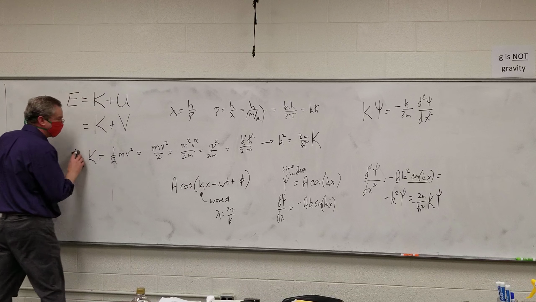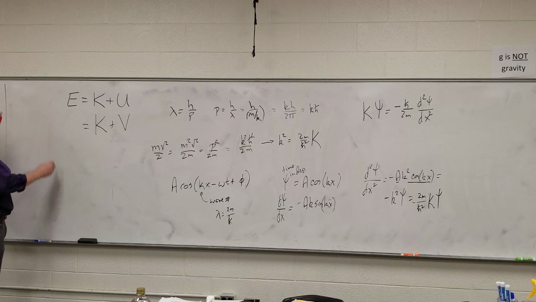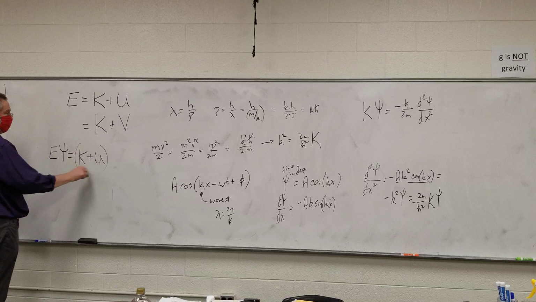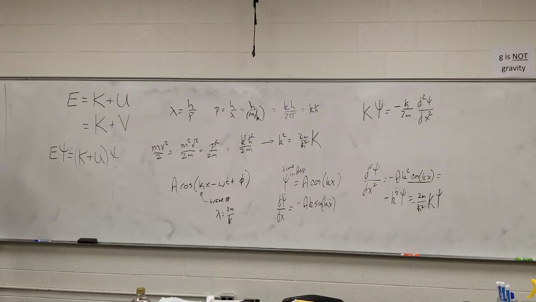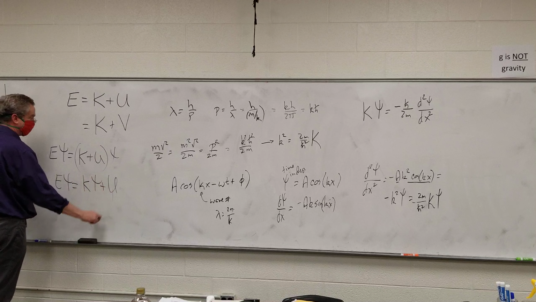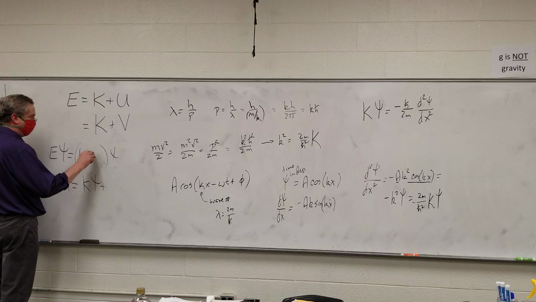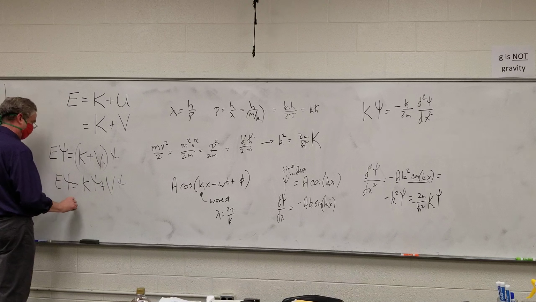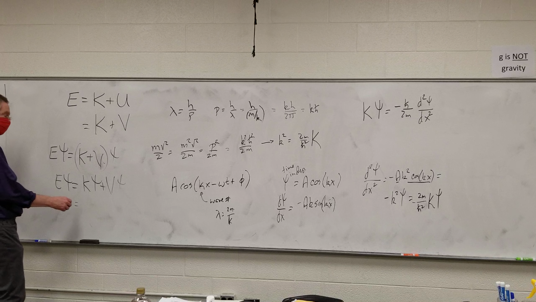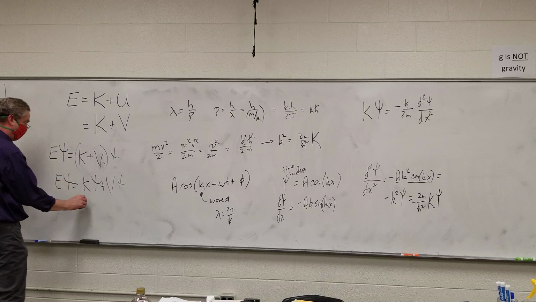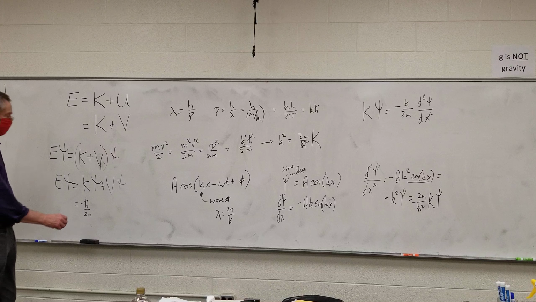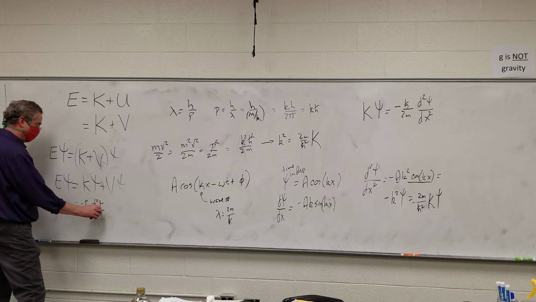Here's the implication. E times psi is equal to K plus U times psi. I'm going to distribute. E psi is equal to K psi plus U psi. So K psi is equal to negative h bar squared over 2m times the second derivative of psi with respect to position.